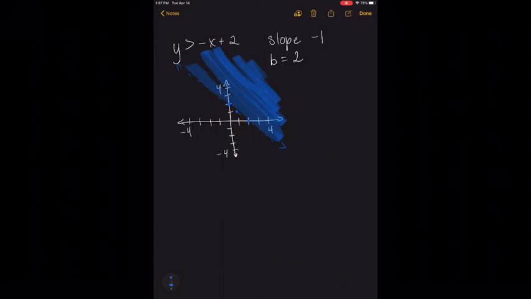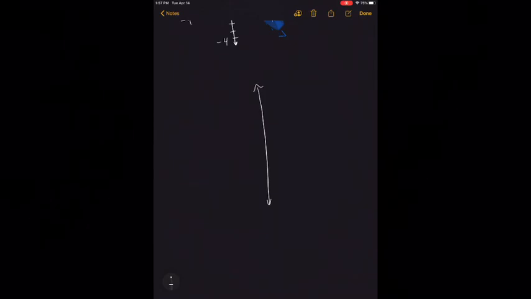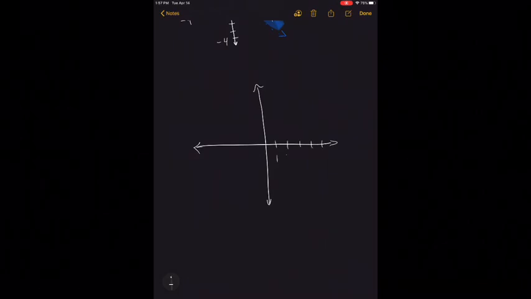How about the next one? Actually, let's do one that has 2 lines. So the very last problem has 2 lines, and what you're trying to find is where those overlap. So let's make our graph. And let's label it.